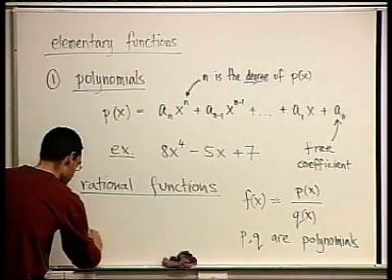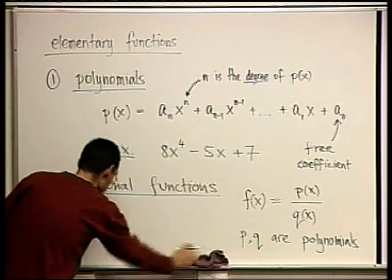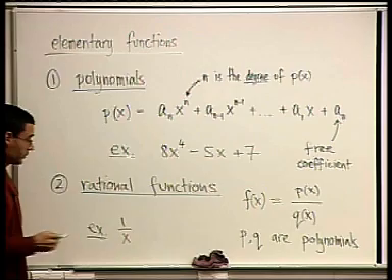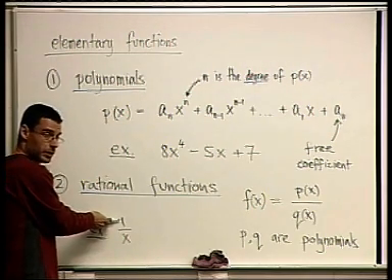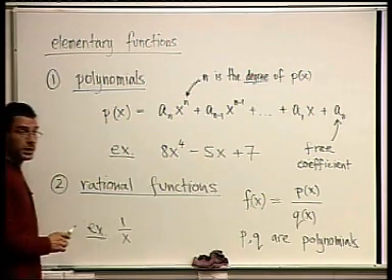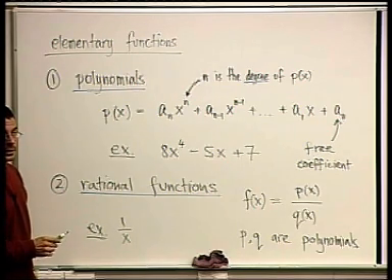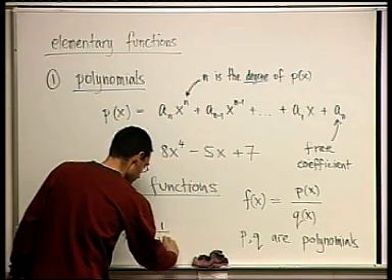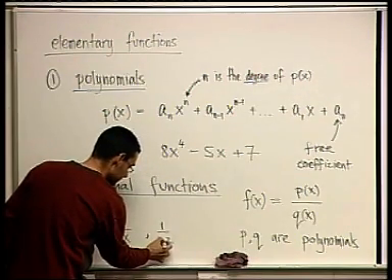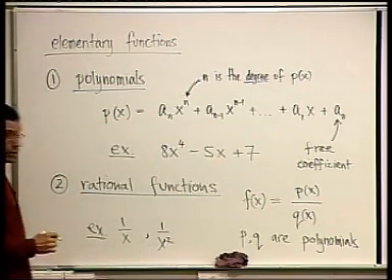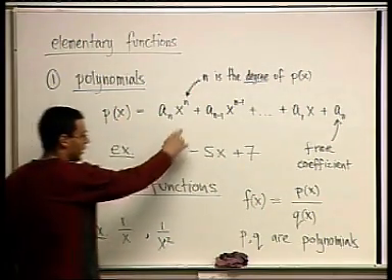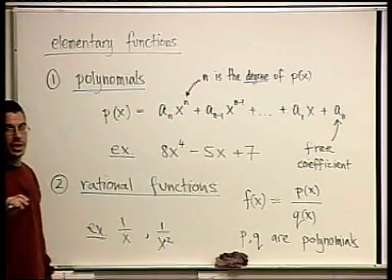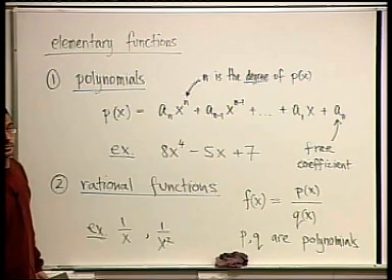So an example is 1 over x. This is a rational function. It's the quotient of the constant polynomial 1 and the polynomial x. Do you agree? 1 over x squared. These are very useful functions. And of course, 8x to the power 4 minus 5x plus 7 divided by 17x cubed plus pi x.